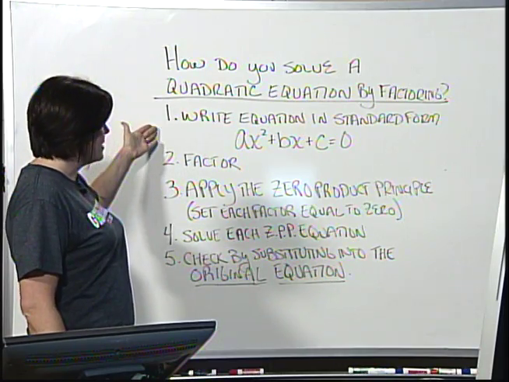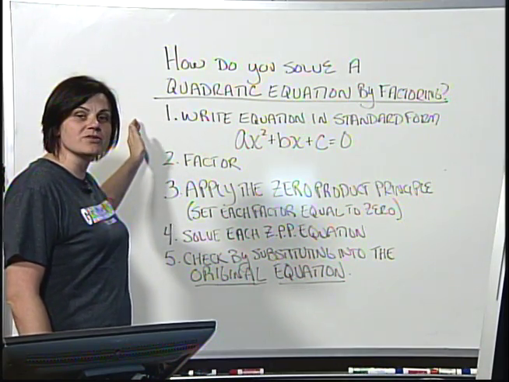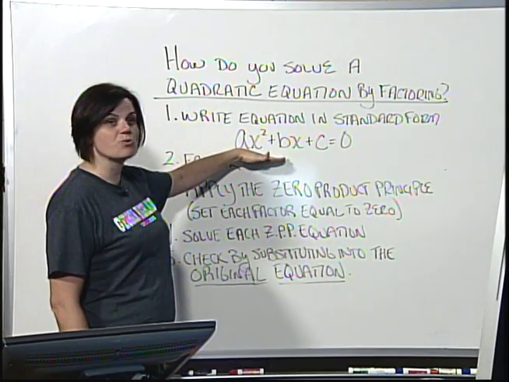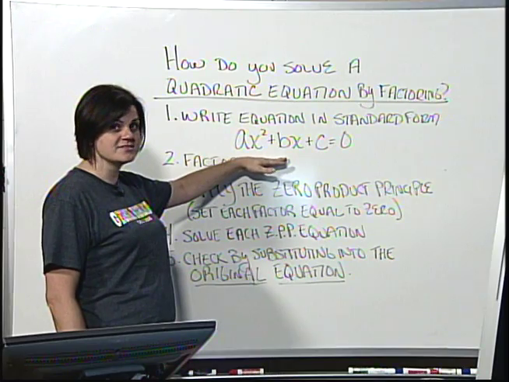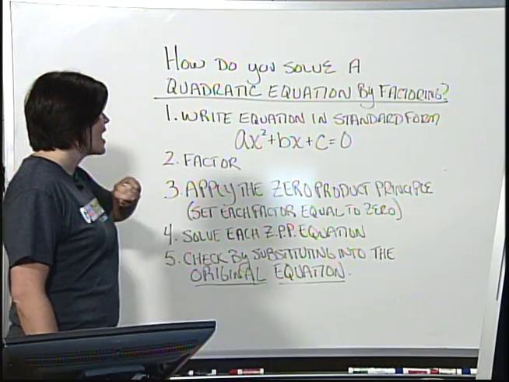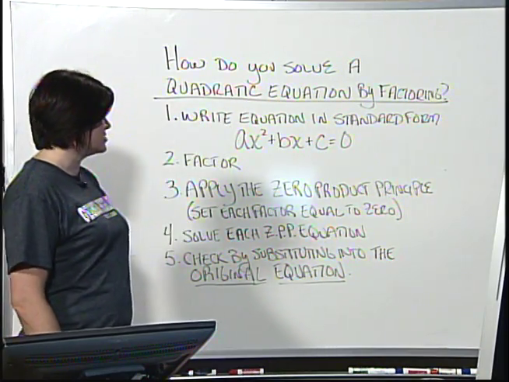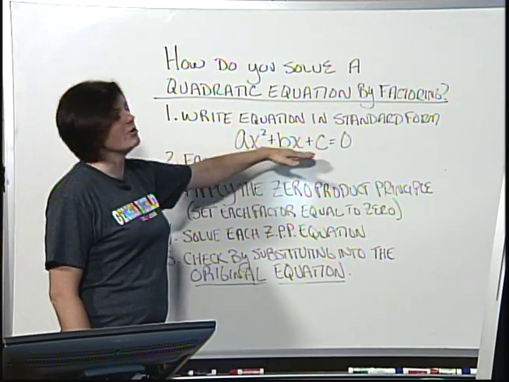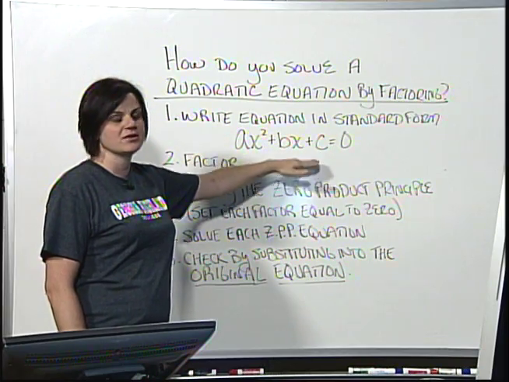So the first step in this process is to make sure that the quadratic equation is in standard form, ax squared plus bx plus c equals 0. After you have gotten the equation into that form, you'll simply factor the polynomial side of the equation.